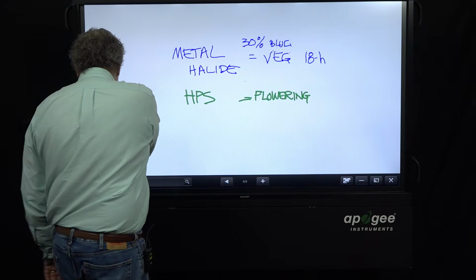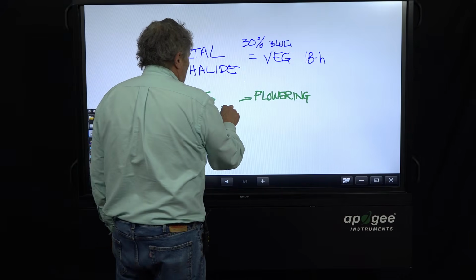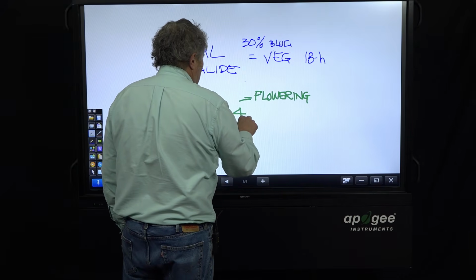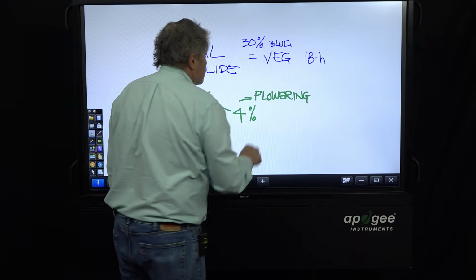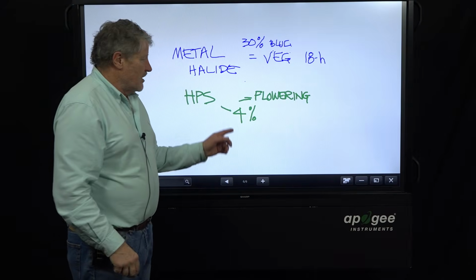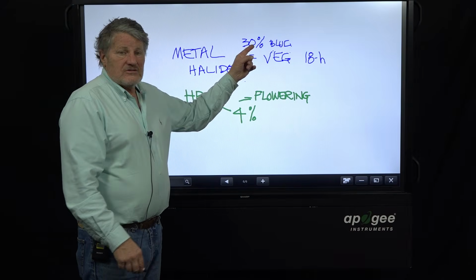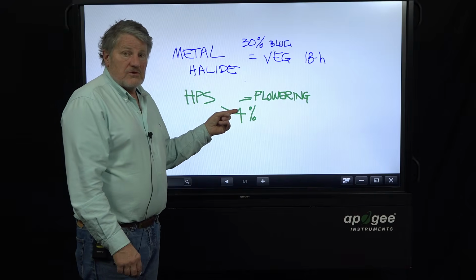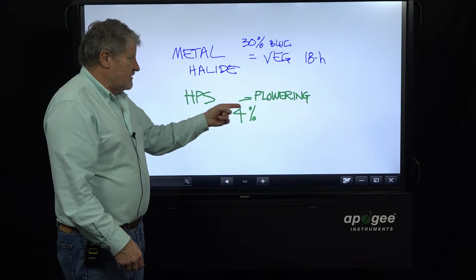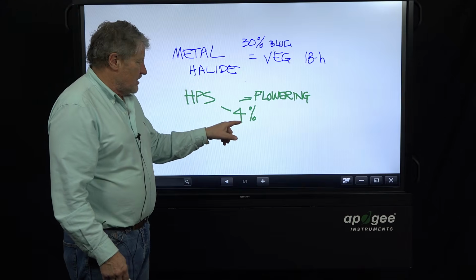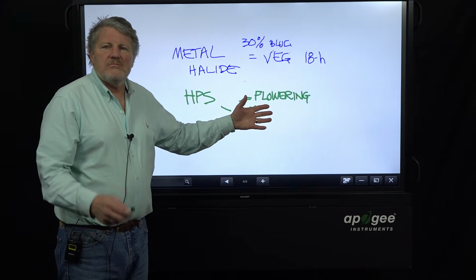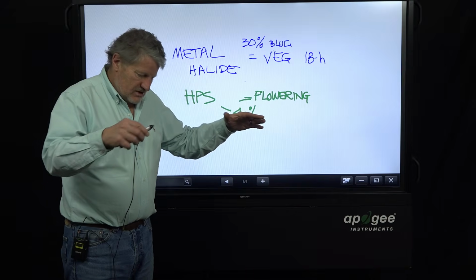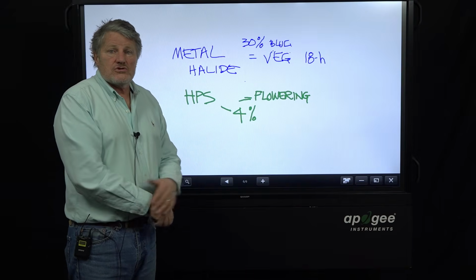High pressure sodium, on the other hand, only has about 4% blue photons. Sunlight has about 30% blue. They switched to high pressure sodium because it's a much more efficient light and you can get bright intensity, but it had low blue. But the blue didn't matter so much during flowering because the flowers kept the plants short.